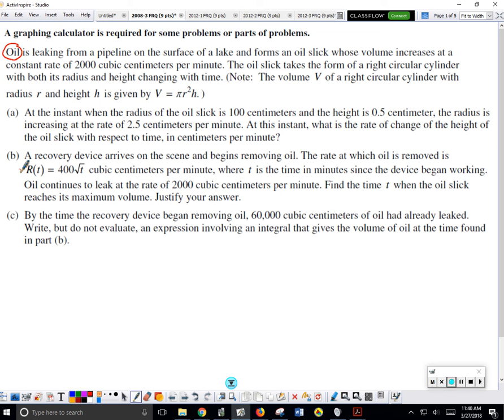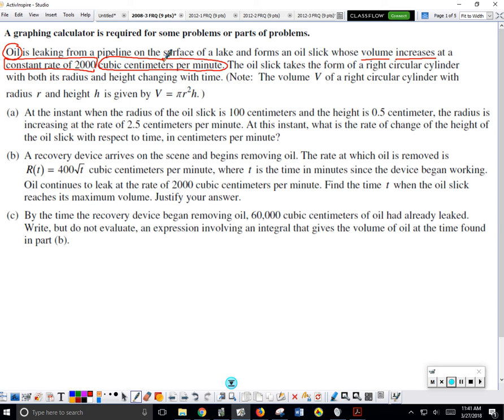On the surface of a lake forms an oil slick whose volume, keyword also, increases. Volume increases at a constant. Keyword is always rate. So constant rate, 2,000. I get points for units, so I'm going to circle that. Cubic centimeters per minute.